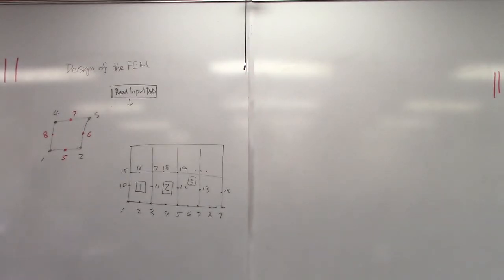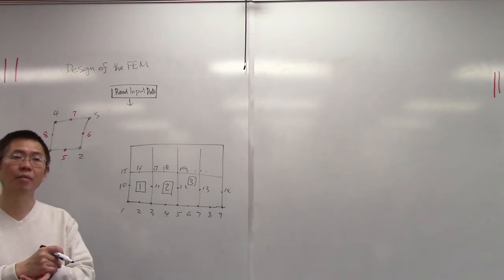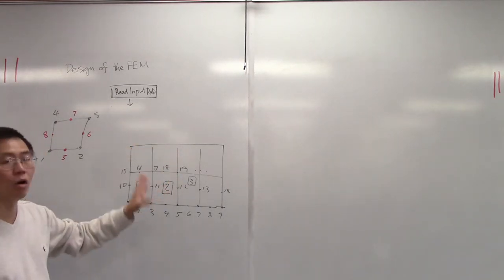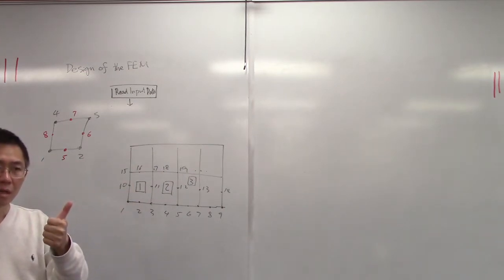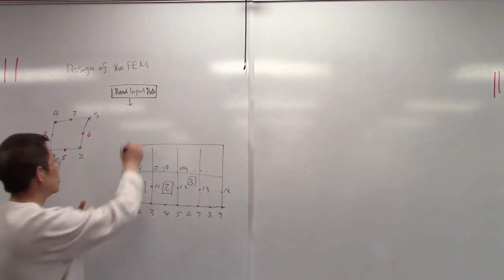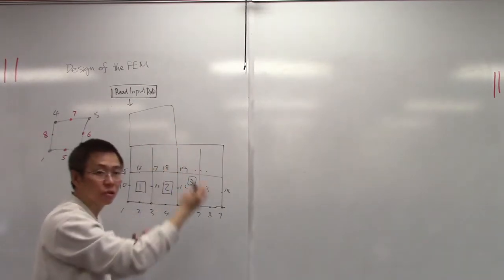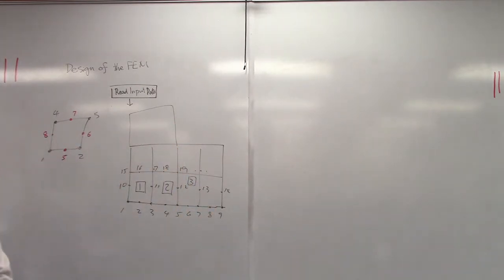Okay? And then, of course, you also need to read the material property. We assume it is homogeneous. So the whole model, we use just one material. Potentially, you can define regions where this has material 1, this has material 2, but we are not going to complicate things like that, okay? So just one material.